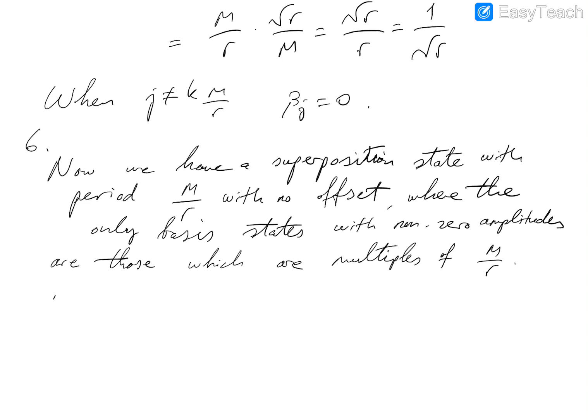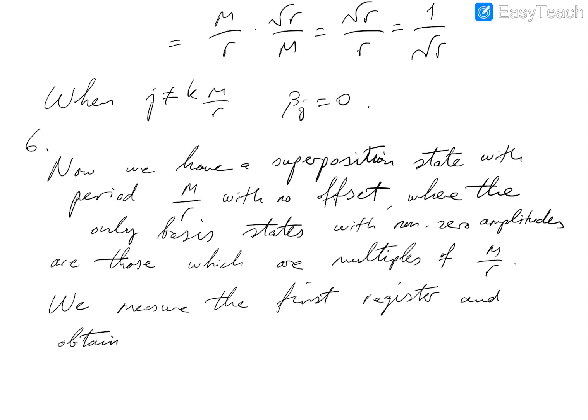So then we measure the first register and obtain a random multiple of m over r.